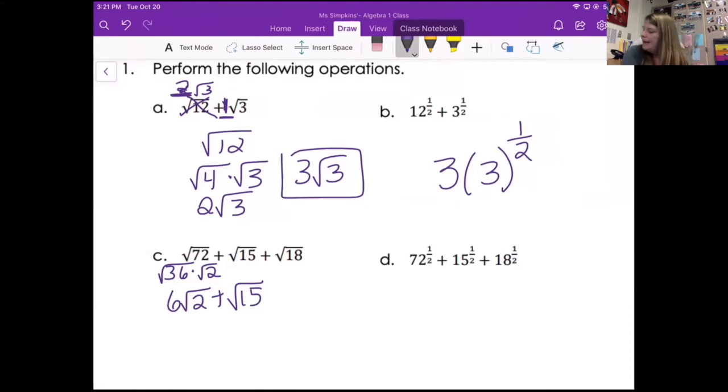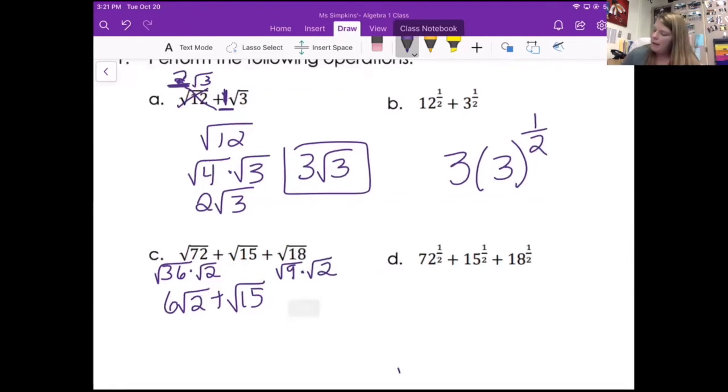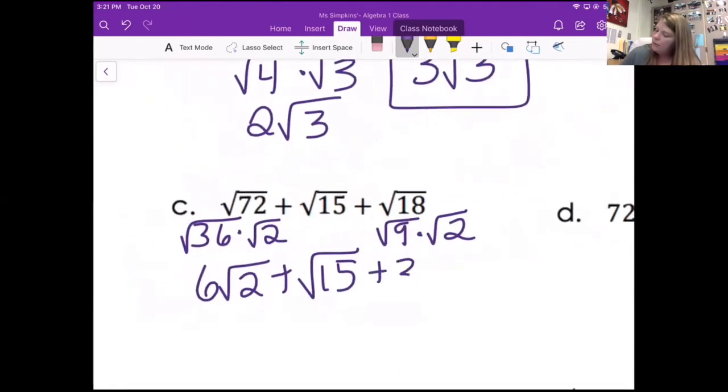And then last piece is 18. 9 is the biggest perfect square times what? 2. And if we take the square root of 9, we would get 3. So those 3 pieces is everything I can simplify.